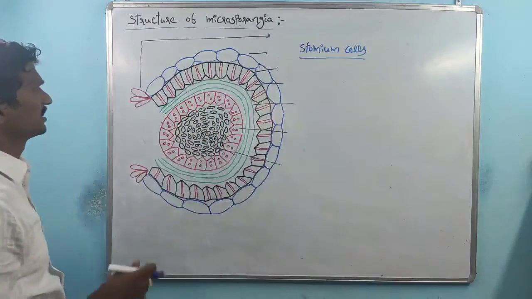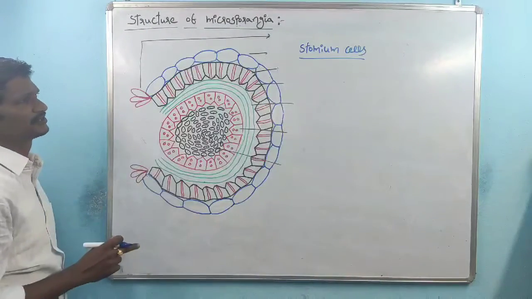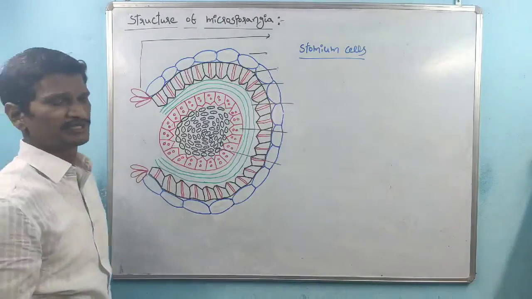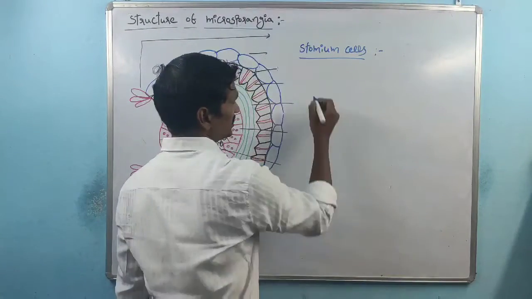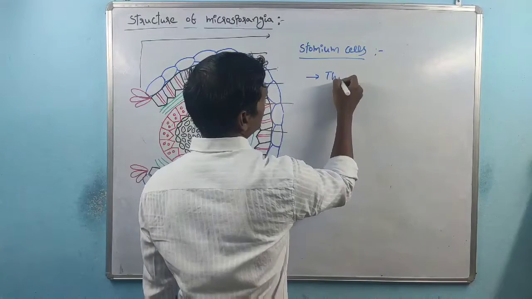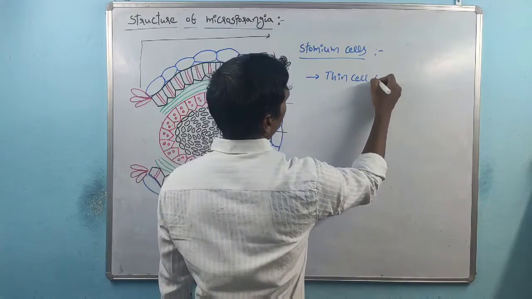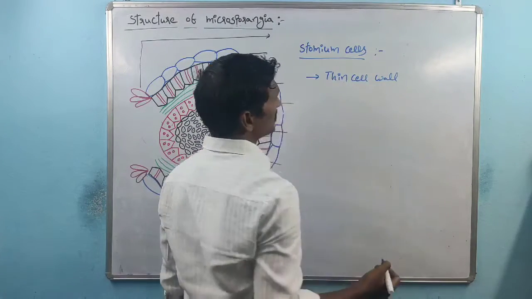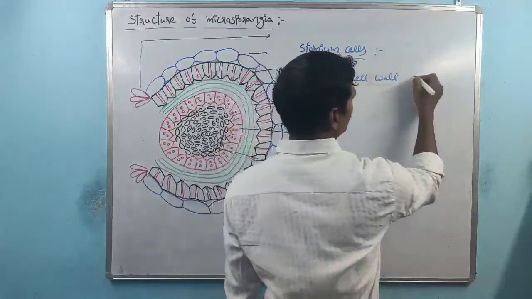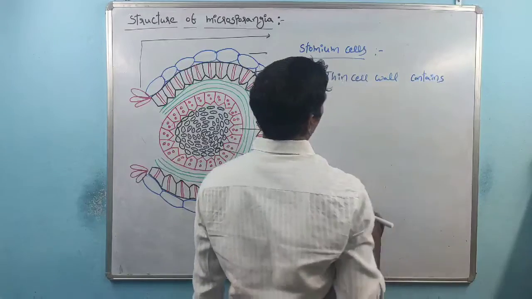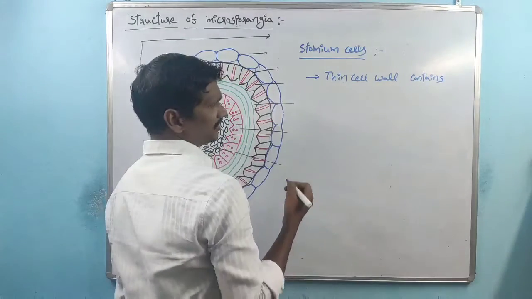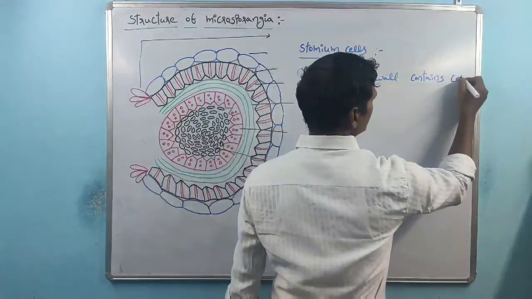See, the very first cells here, I discussed about the stomium cells, right? These are the stomium cells. These are very special cells, which have a thin cell wall. Thin cell wall containing cells.